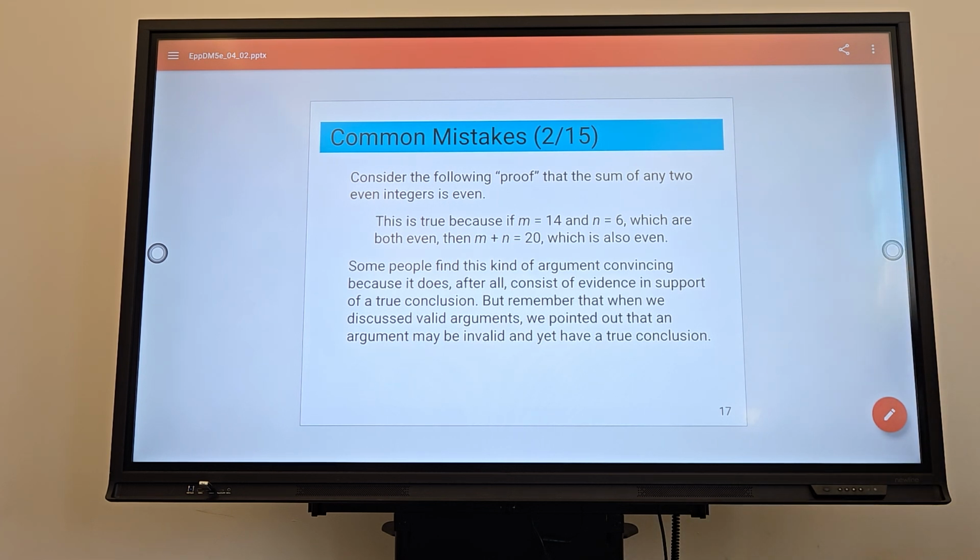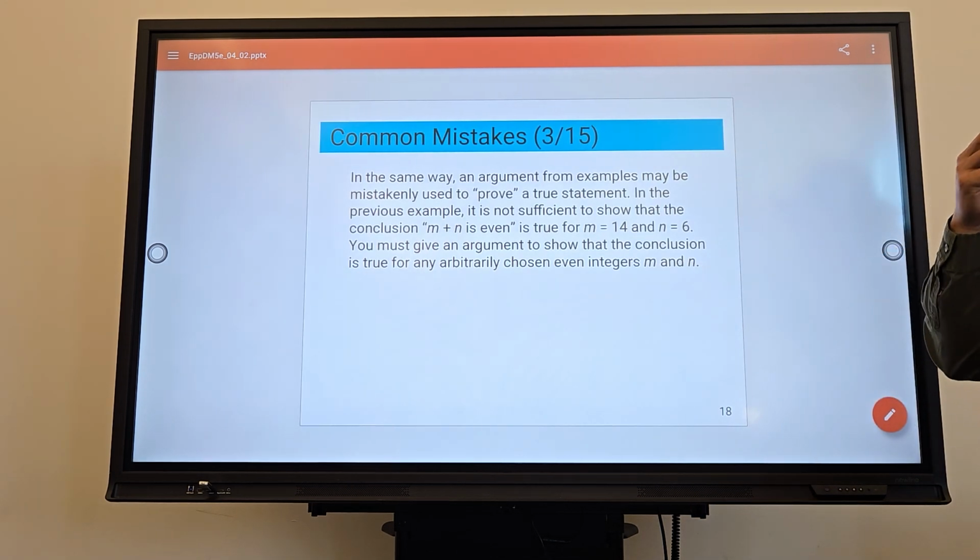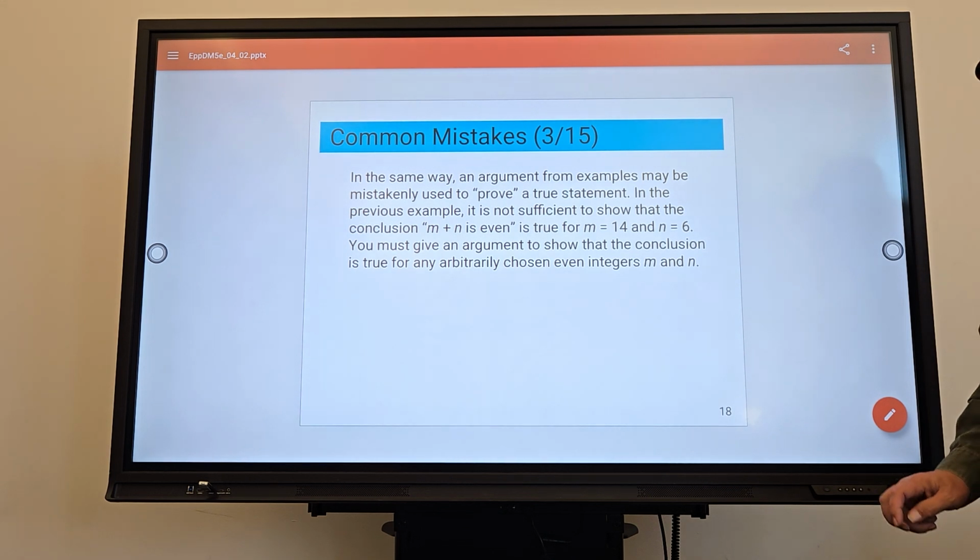Let's go through a proof and find out if it is actually true. You must give an argument to show that the conclusion is true for any arbitrary chosen integers in this case, rather than just giving an example. It's impossible to go through all even integers and show that the statement is actually true because of the infinity issue.